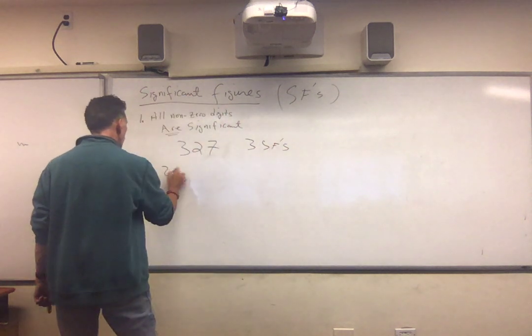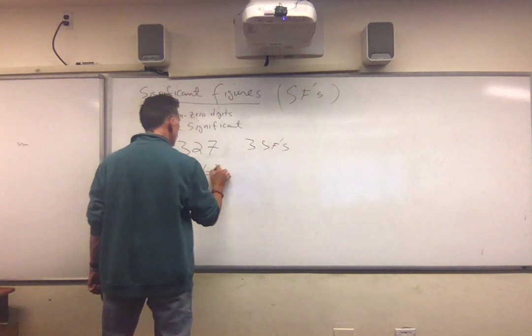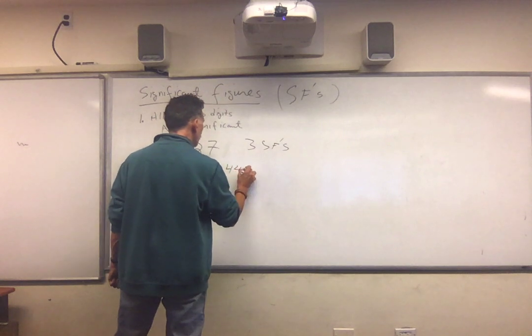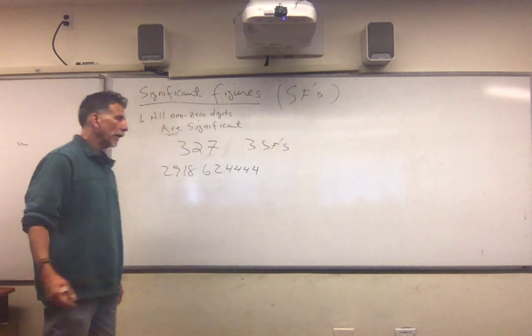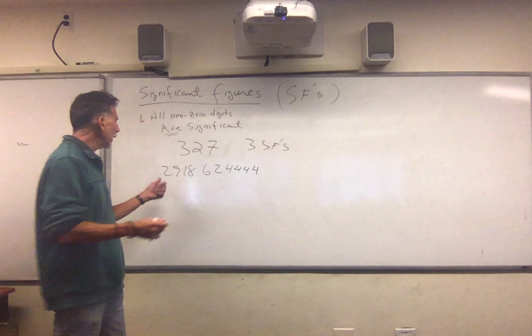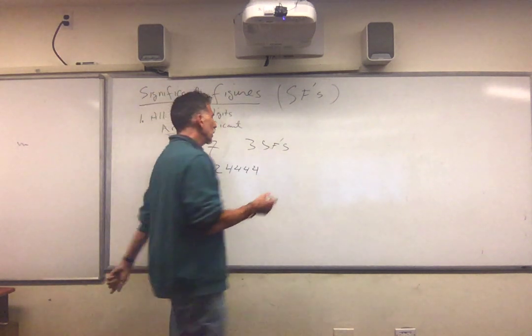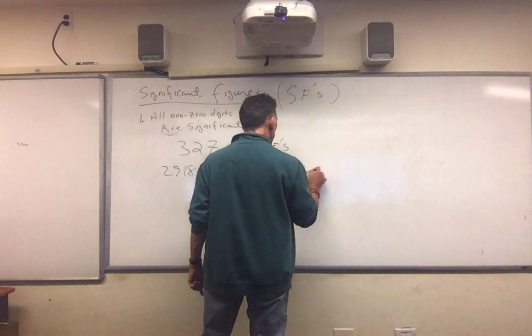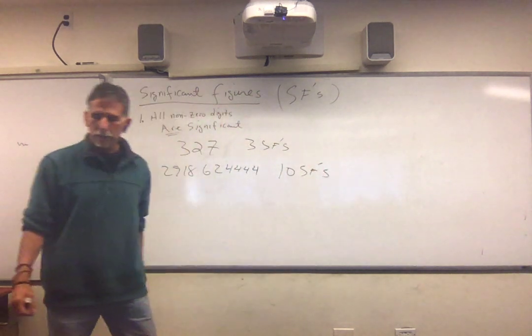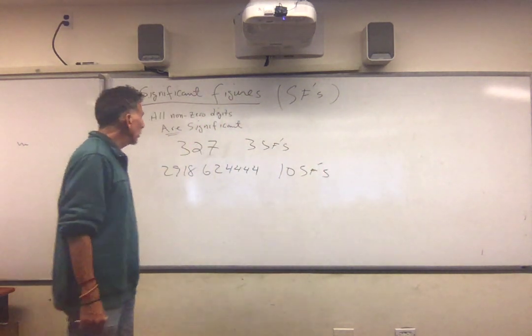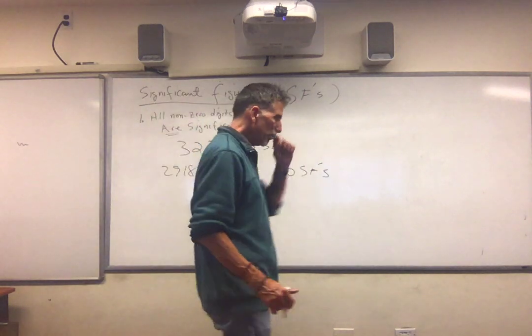All right. 2, 9, 1, 8, 6, 2, 4, 4, 4, 4. How many significant figures? All of them. How many? 1, 2, 3, 4, 5, 6, 7, 8, 9, 10. 10 significant figures. All right. You get the idea. All non-zero digits are significant.